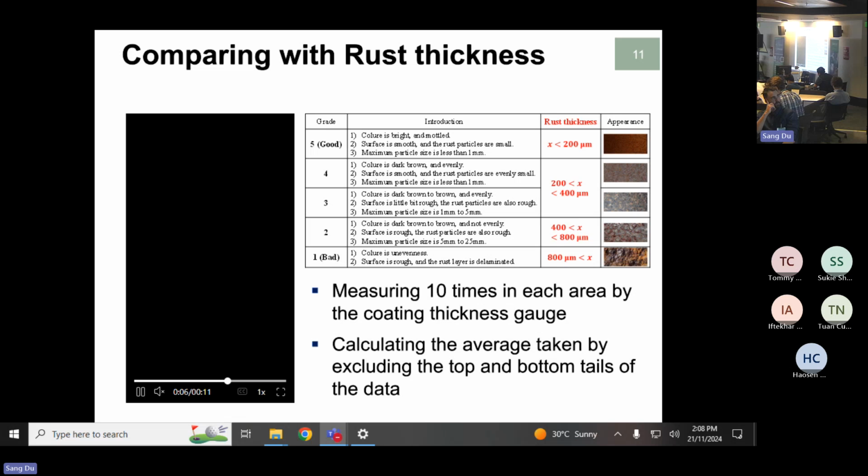It's okay. It's just checking the rust thickness. Because we don't know what the multispectral imaging color differences are, I checked the rust thickness of the corrosion area and compared it with the multispectral imaging results.